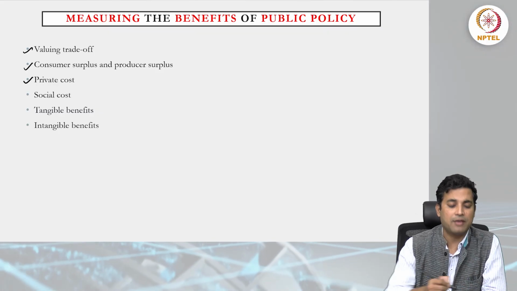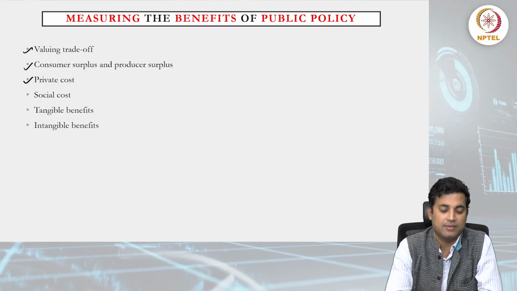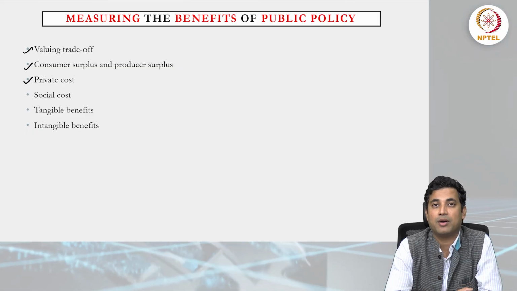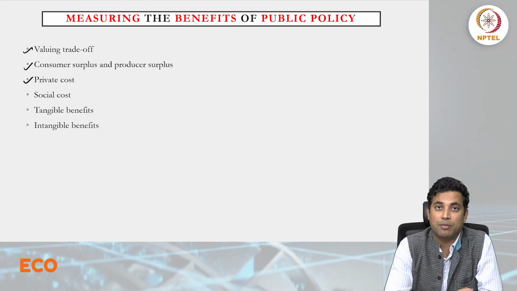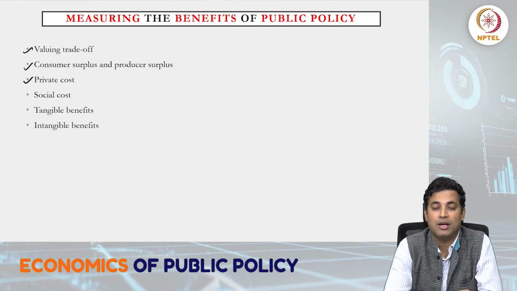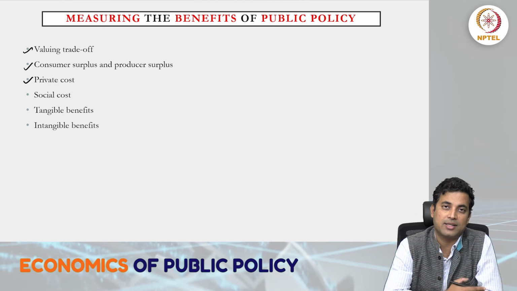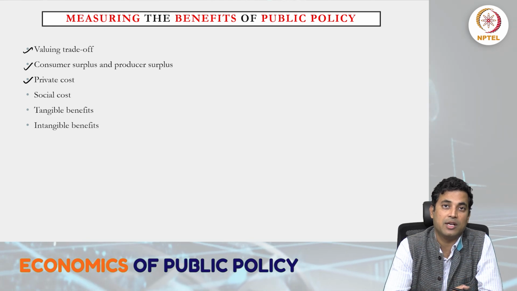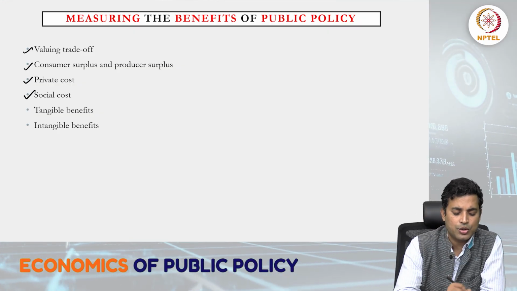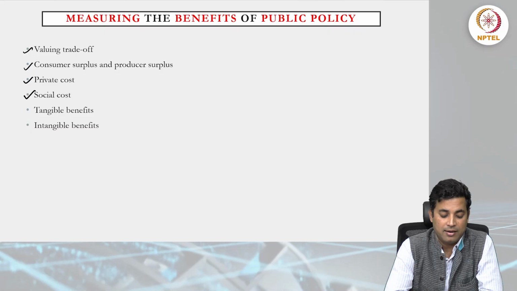Next, private cost. For producers, it is very important to calculate private cost, which we consider as the cost of production. Even for a project, even for government, it is very important to calculate all the input costs, and then we understand the overall cost involved to implement any certain policy. Next is social cost, and social cost comes with market failure.